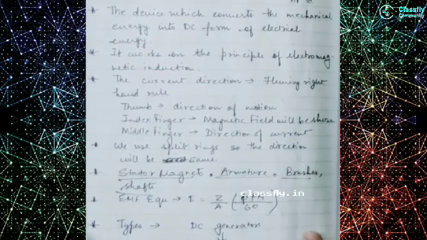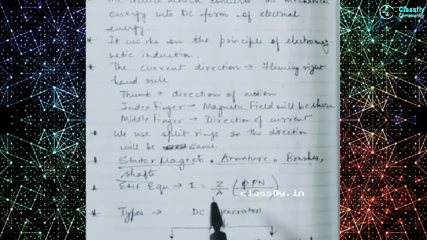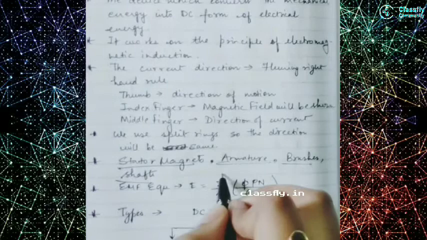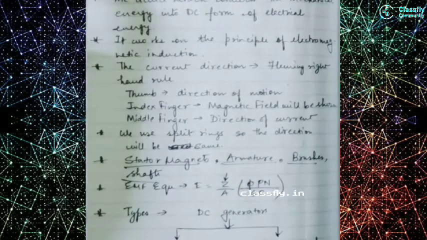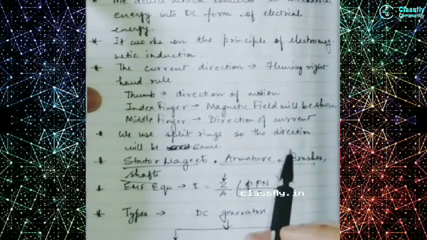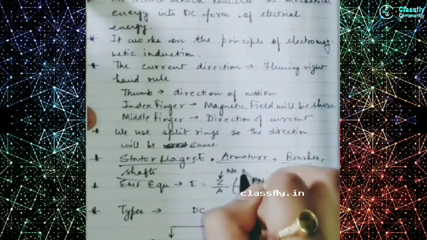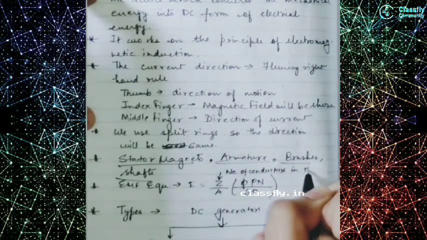So now see, the DC generator EMF equation is E = ZφPN/60A. So do you remember what this Z is? Z is the number of conductors in the armature. That means this is the total number of conductors in the armature.